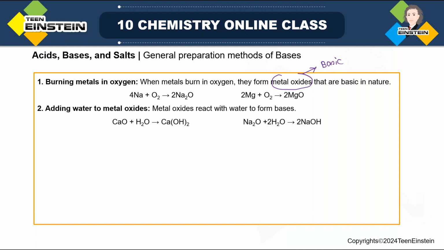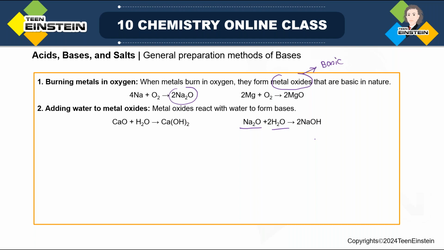Second method, adding water to metal oxide. Now see what we have done. If you are having any problem to define it as base, now look at this. This compound, when you are adding water to it, there is a formation of NaOH, that is sodium hydroxide, right? So Na2O reacting with water, there will be formation of sodium hydroxide.